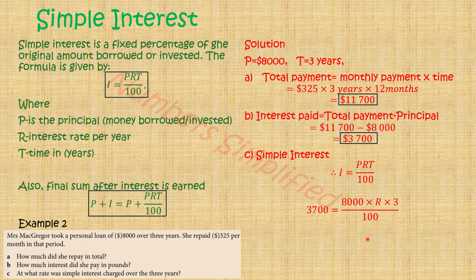So the next thing we do is solve for R. In this situation, 100 into 8,000 would give us 80. So 80 times 3 would give us 240R, and we still have the left-hand side being what it was. Now we divide the left-hand side by 240 so that we get the value of R.